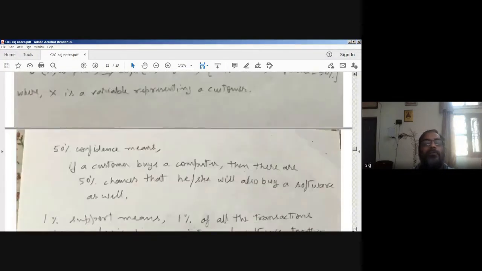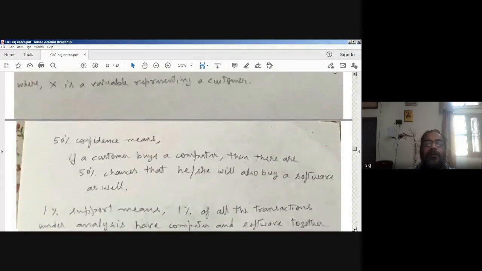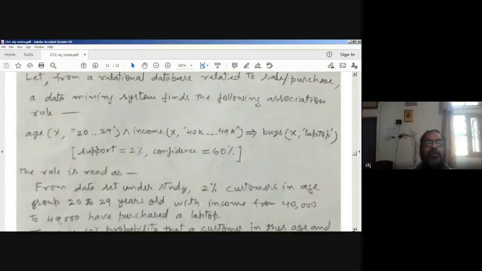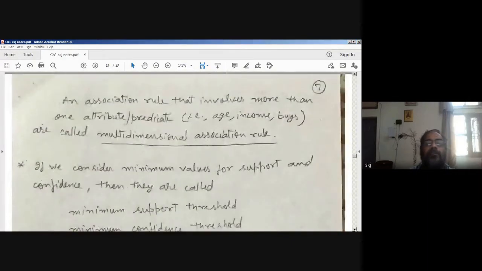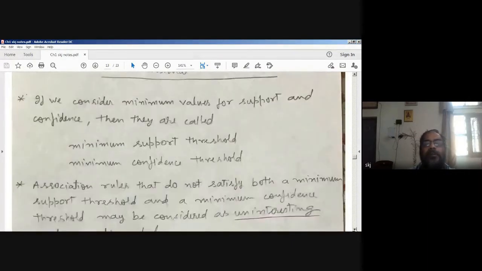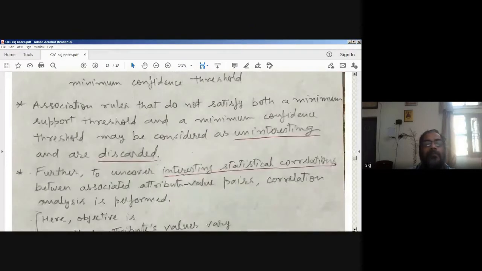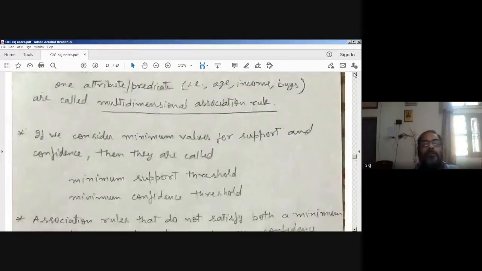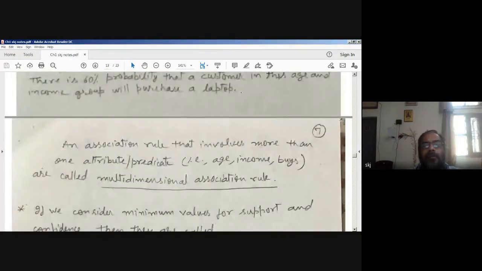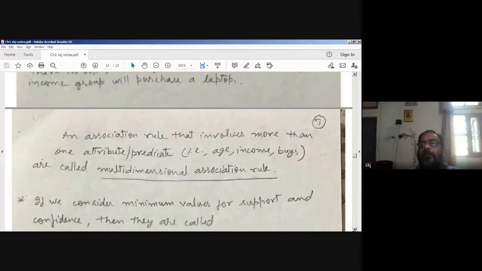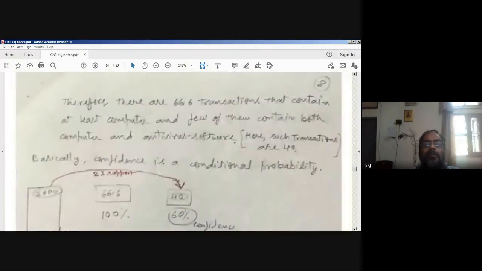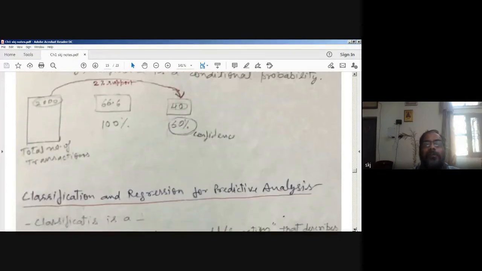We discussed what support and confidence are, how they represent numerical values, and what their interpretation is. One numerical question we also discussed.